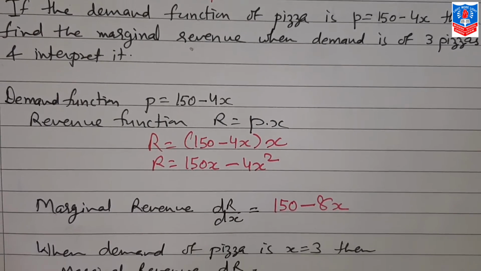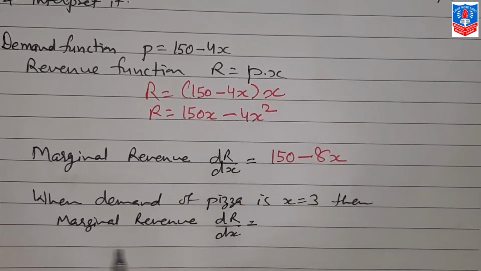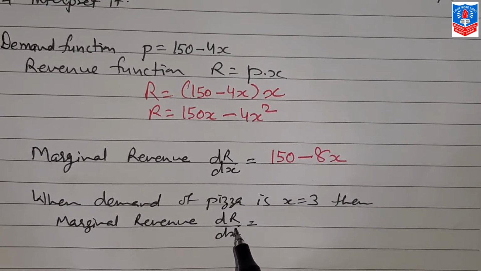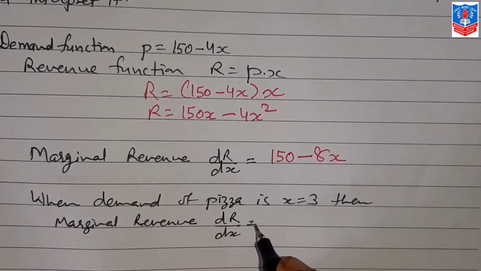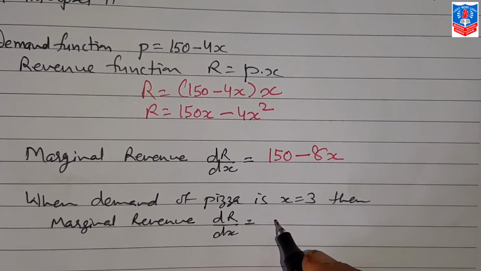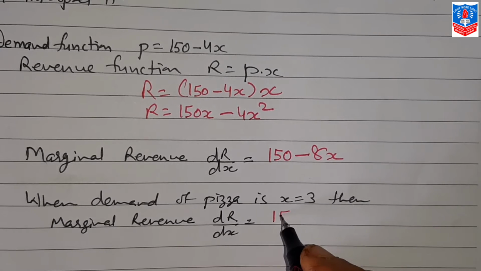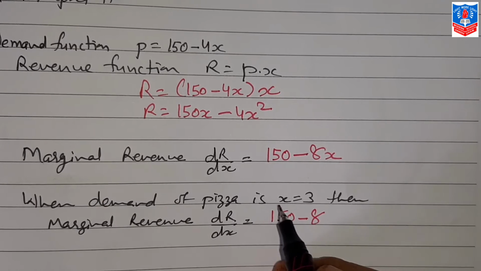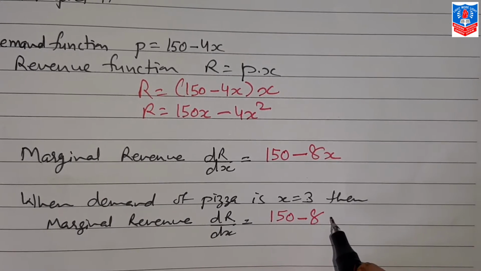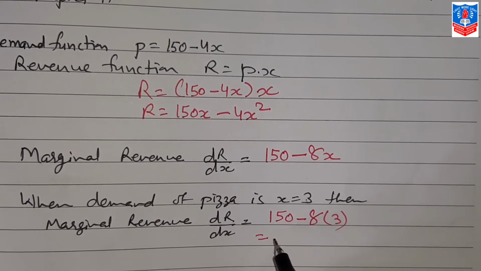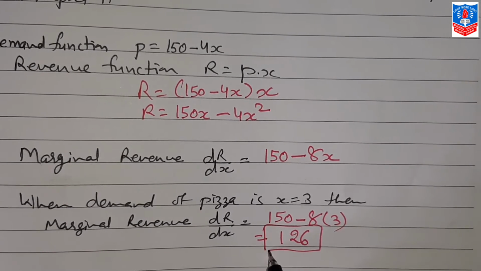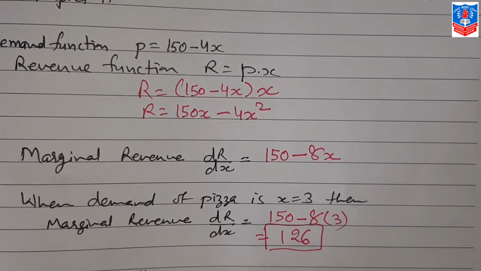Now when the demand of pizza, that is X, is equal to 3, dR upon dX, the first order derivative of revenue, will be 150 minus 8x. In place of X we put the value 3. So this will be 150 minus 24, that is 126.